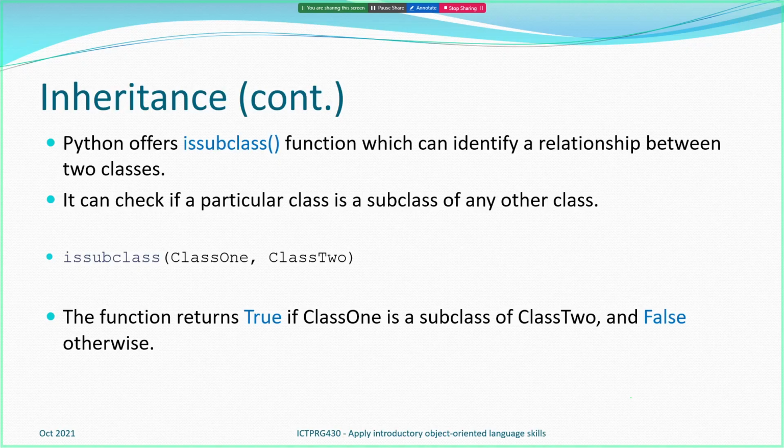It's fairly important that we identify the relationships between classes, and we can do that with the issubclass function. So this expects two parameters, which are the two classes that you're comparing to each other. It will return a true or a false result. So if class 1 is a subclass of class 2, it's true. Otherwise, it's false.